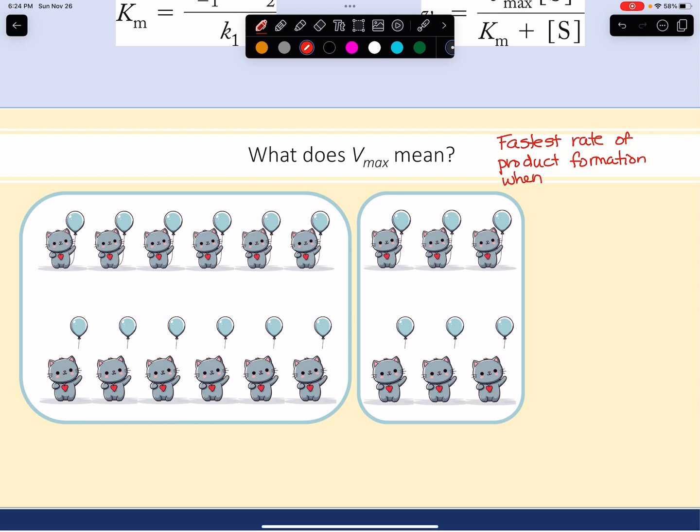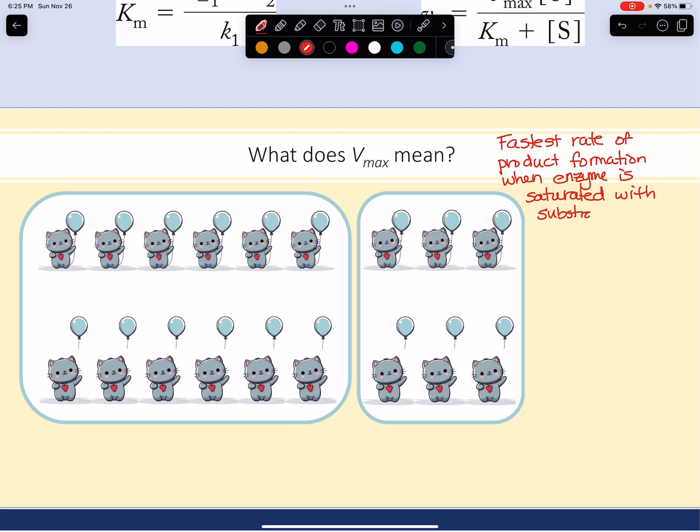If we need the enzyme to see the reaction happening, then we're going to see product when an enzyme molecule releases a molecule of product. So what we're going to define is something called Vmax.